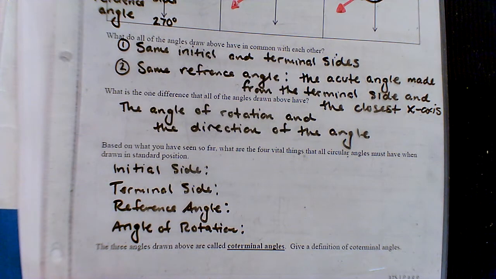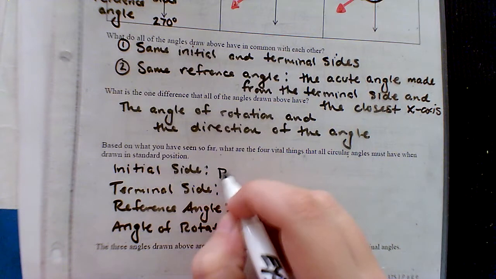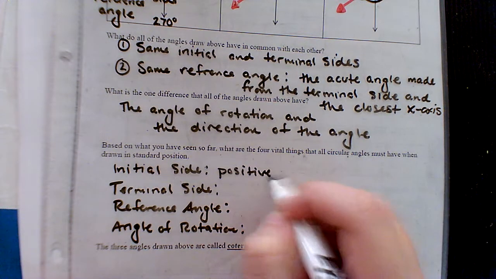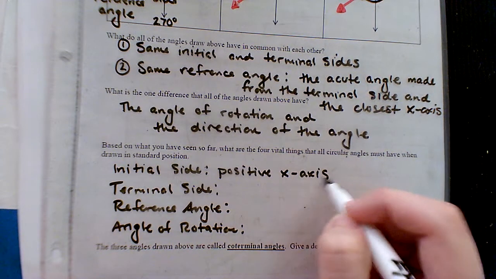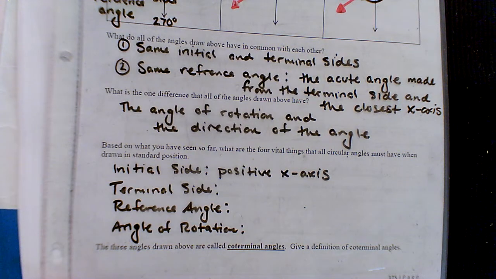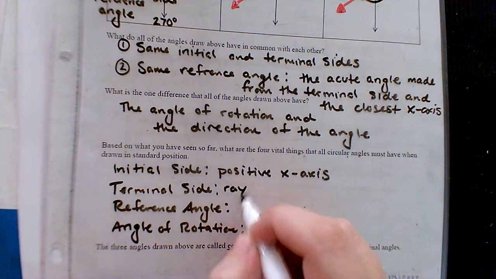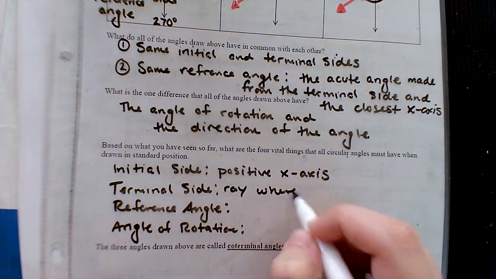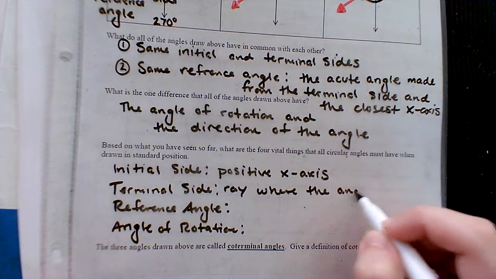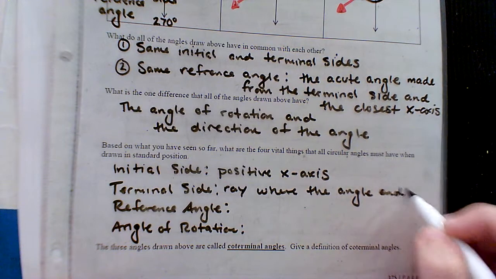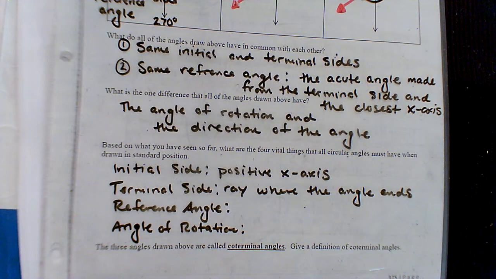Okay, so the initial side always starts on the positive x-axis. The terminal side is the ray where the angle ends. Remember, a ray from geometry has an endpoint and an arrow. So the endpoint is at the origin and the arrow goes out from there.